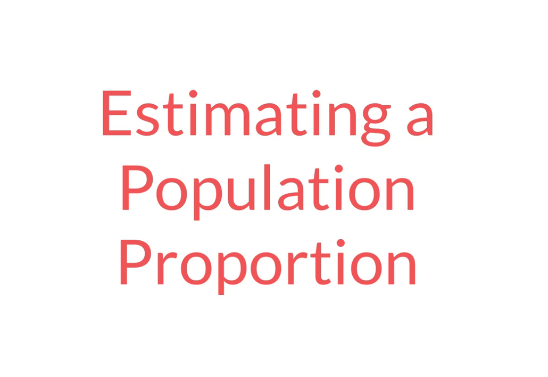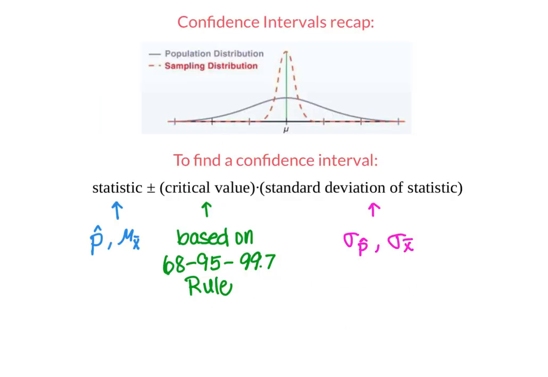In this video, we're going to talk about estimating a population proportion. For starters, I just want to briefly recap what we know about confidence intervals. We create confidence intervals around margins of error to estimate, the best that we can using our sample statistics, a population parameter.